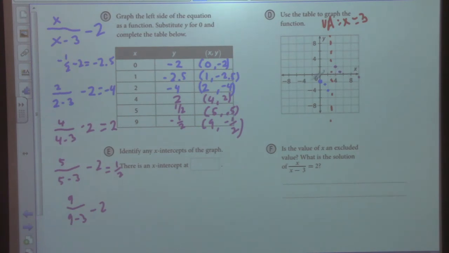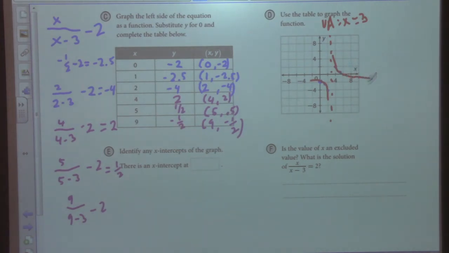Yeah, probably 1. But what they're asking here, it says, so we graphed this, and I graphed the left side of the equation. So the left side of the equation looks like this. And then over here it looks like this.